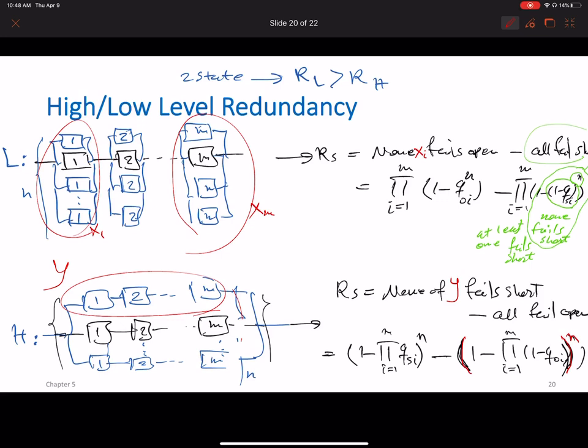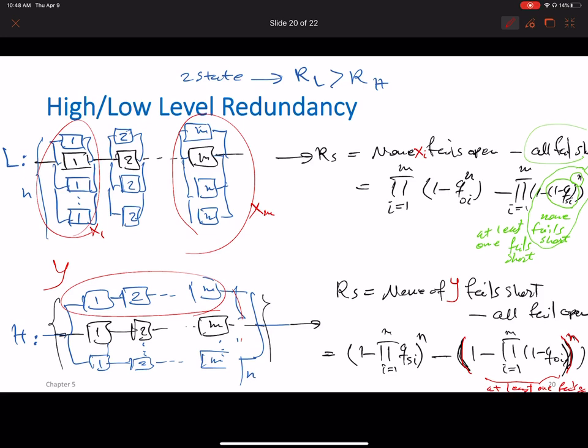Within parentheses, I have the probability that each Y fails open. For each Y to fail open, I need at least one of those to fail open. So this is the probability that at least one fails open. Within that series structure, if at least one of them fails open, that entire Y fails open.